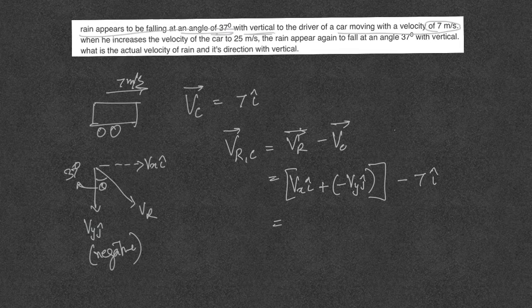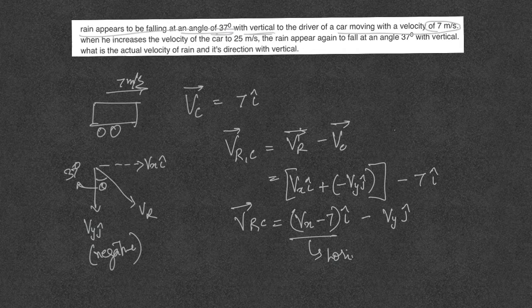Now if I have to rearrange this in terms of i and j, what I will get is (Vx minus 7)i, the horizontal component, minus Vyj. So this is the velocity of the rain with respect to the car, or relative to the car, and this is the horizontal component, and this is the vertical component.